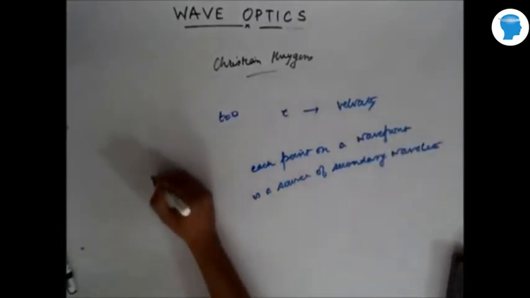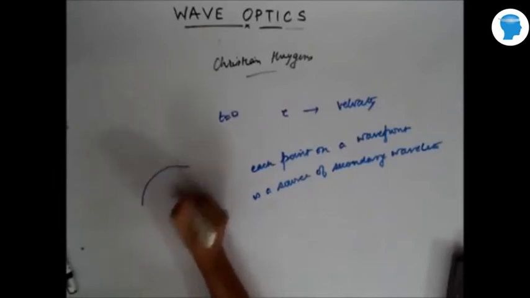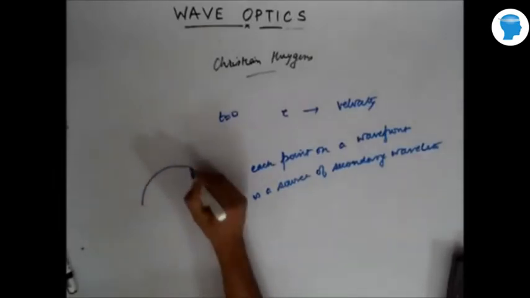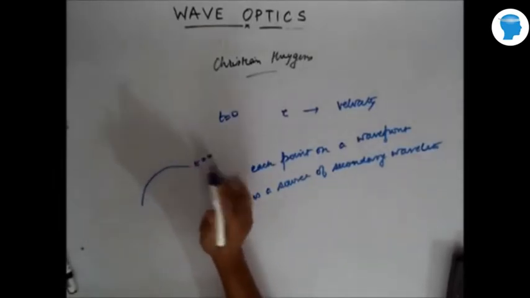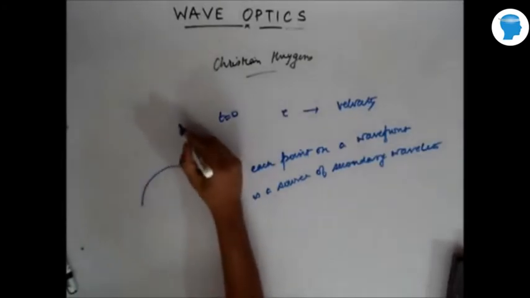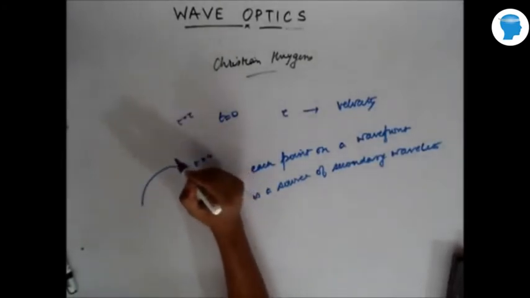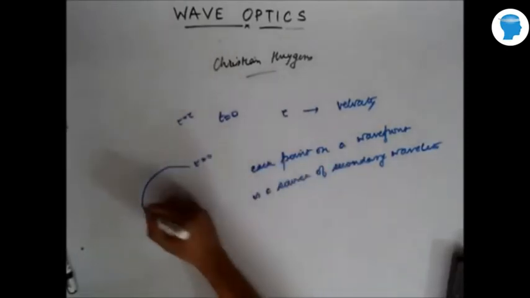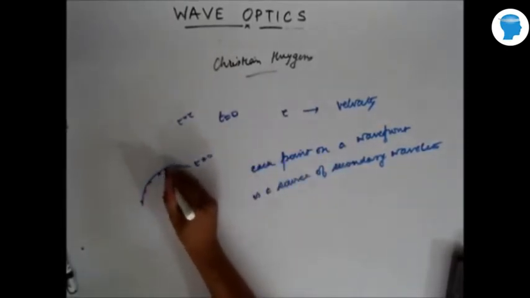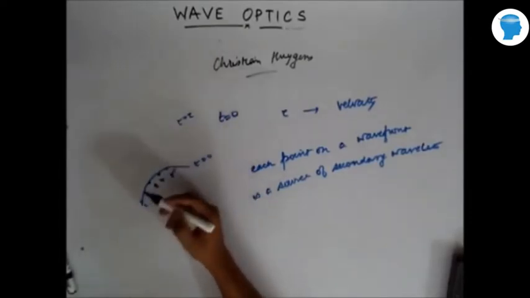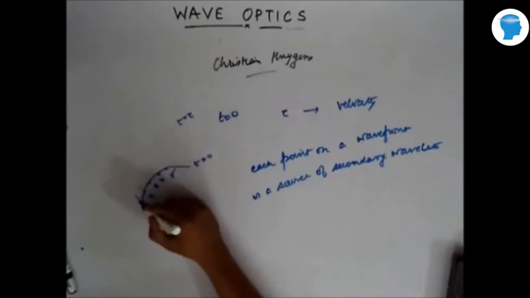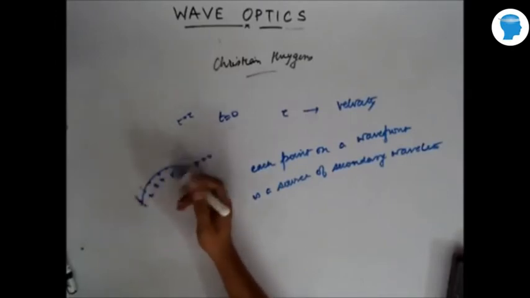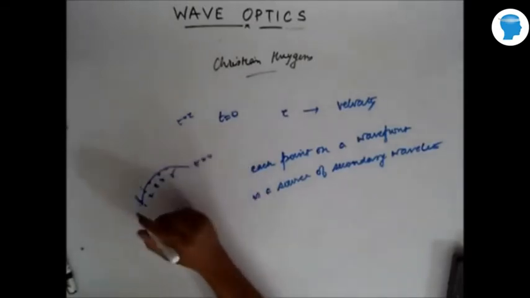So what he said was that, let's say if I have this wavefront at time t equal to 0, then I can determine the shape of the wavefront at time t equal to tau. And how we can do that is that each point on the wavefront, for example each point on this wavefront, this point, this point, this one, 1, 2, 3, 4, 5, each point is a source of secondary waves. So waves will be emanating from here, from 2, from 3, from 4, from 5.